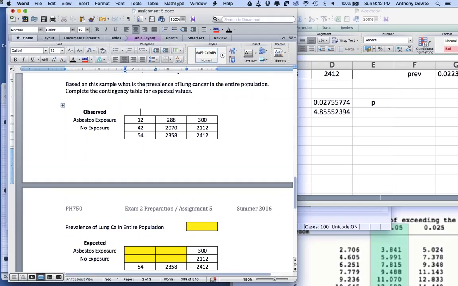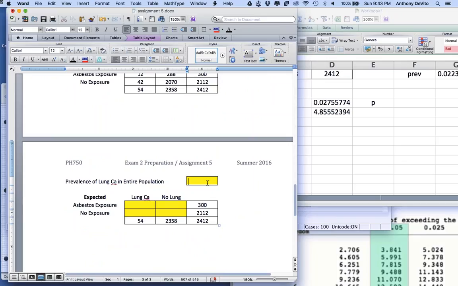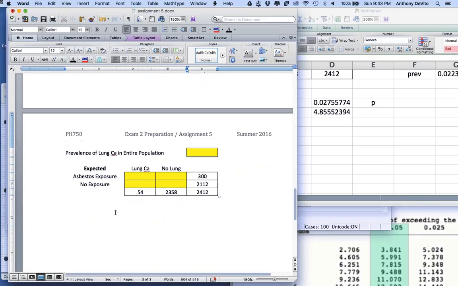I guess I should put lung cancer, right, no lung cancer over there, and do the same thing down here. Okay, and you have the prevalence and you have the rest of this, and I'll add on the odds ratio.